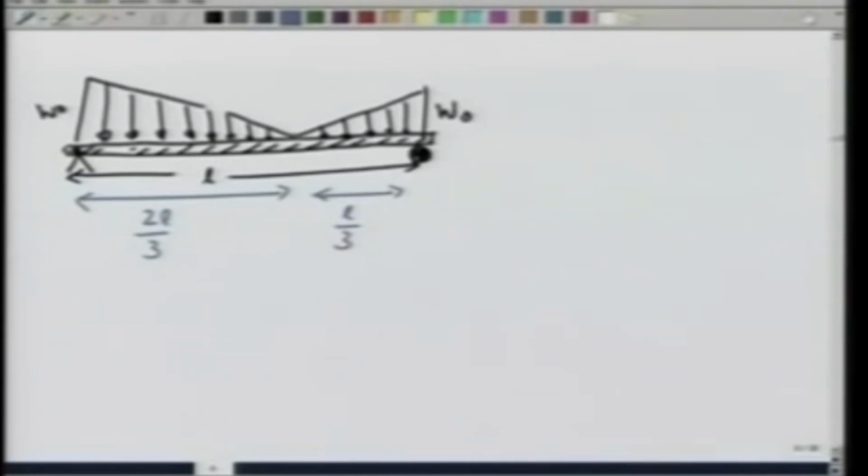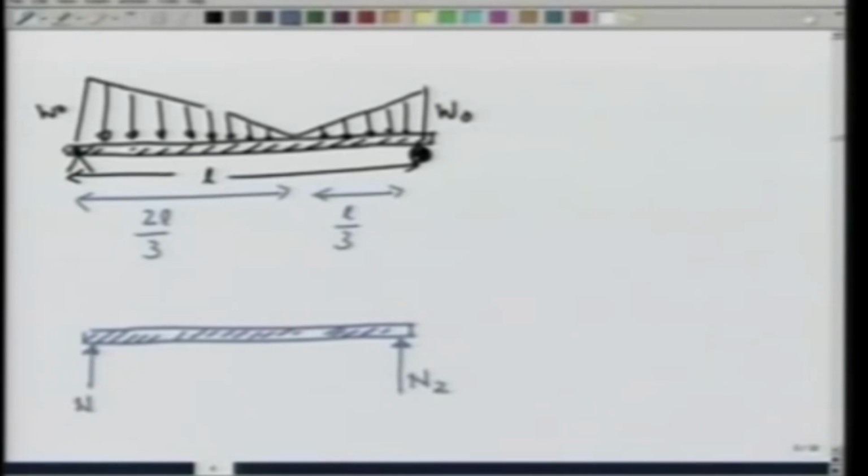So, for that what I need to do is take this beam and make a free body diagram. We will assume that the reaction at this point is N2, the reaction at this point is N1, and the forces due to the loading, I will split into two, one due to this triangle to the left and one due to this triangle to the right.